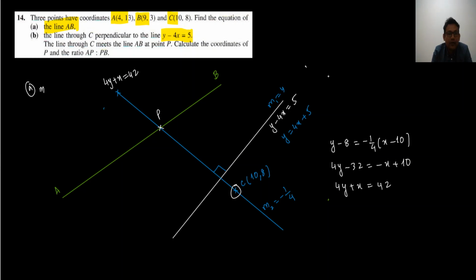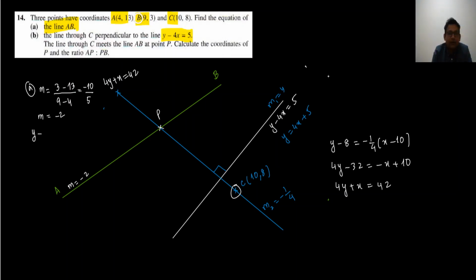The gradient of AB is 3 minus 13 over 9 minus 4. So the gradient is minus 10 divided by 5, which is minus 2. We can take any one of the coordinates.